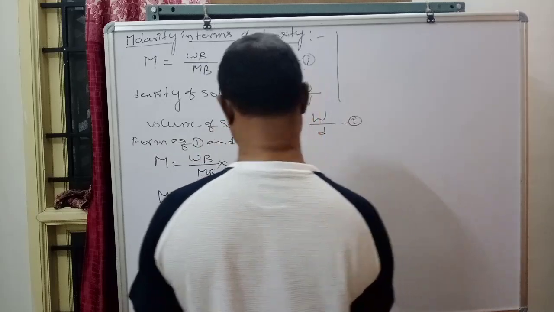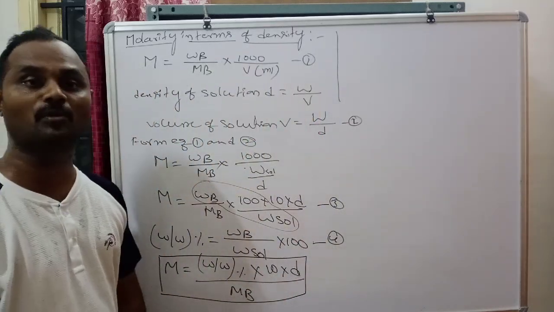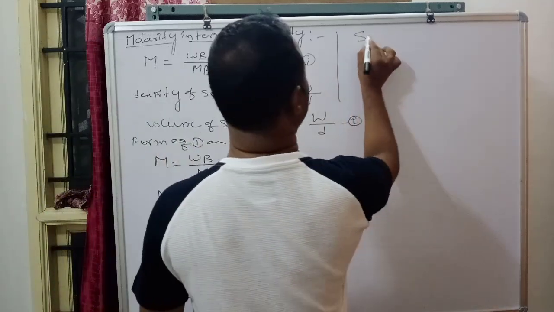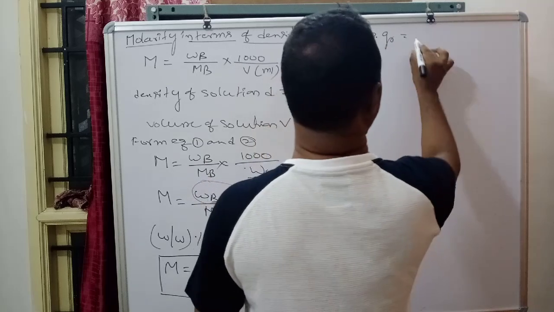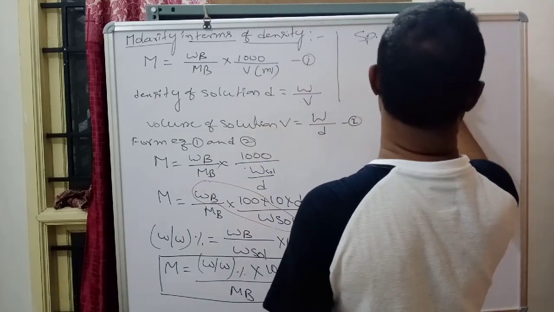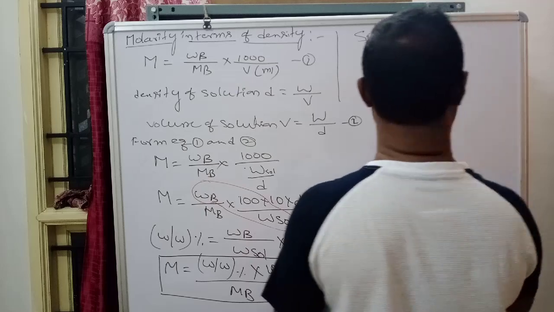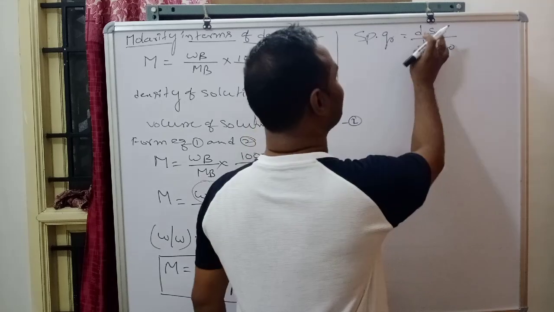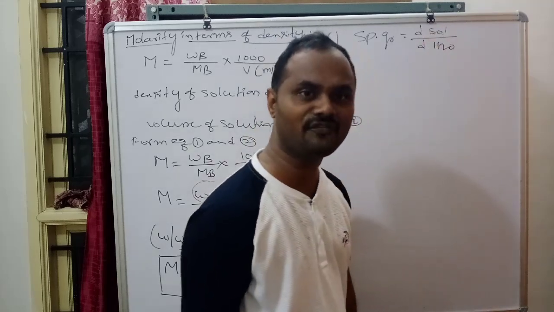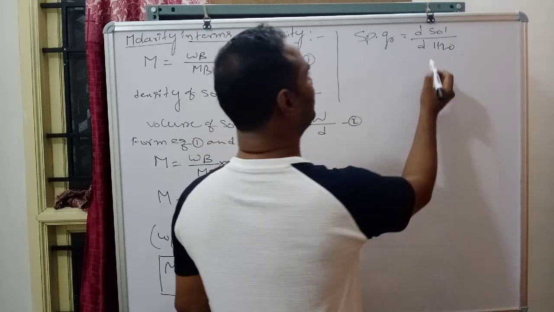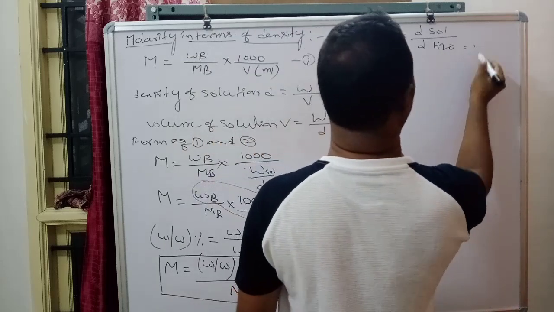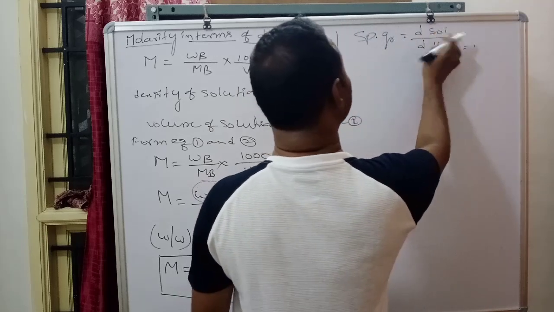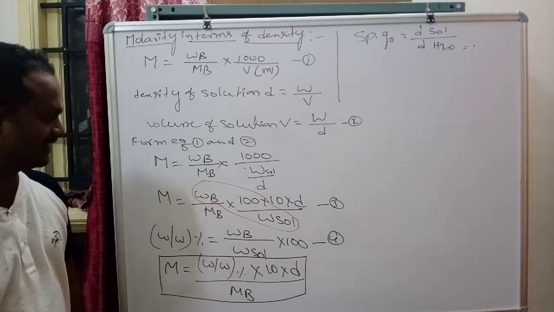Next one, here you see, sometimes instead of density, they will provide specific gravity. Specific gravity definition already you know. Specific gravity is the density of solution by density of water, a relative ratio of density of solution to density of water. At room temperature water density equals 1, therefore density of solution equals specific gravity.